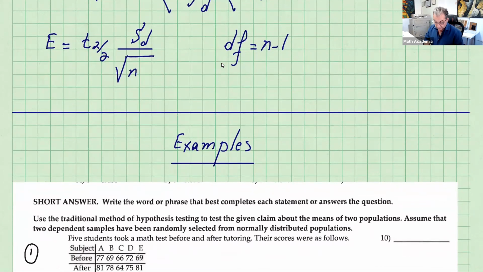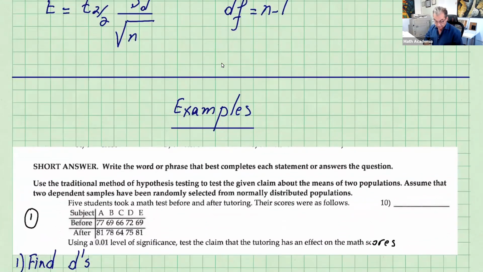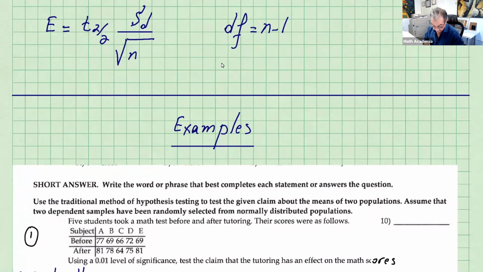It's a very good idea to see an example and see how all this works, and I can show you the calculator also. So if it says use the traditional method of hypothesis testing, the traditional method is only when you find the test statistic and you compare the test statistic to the critical value, shaded area or non-shaded area.